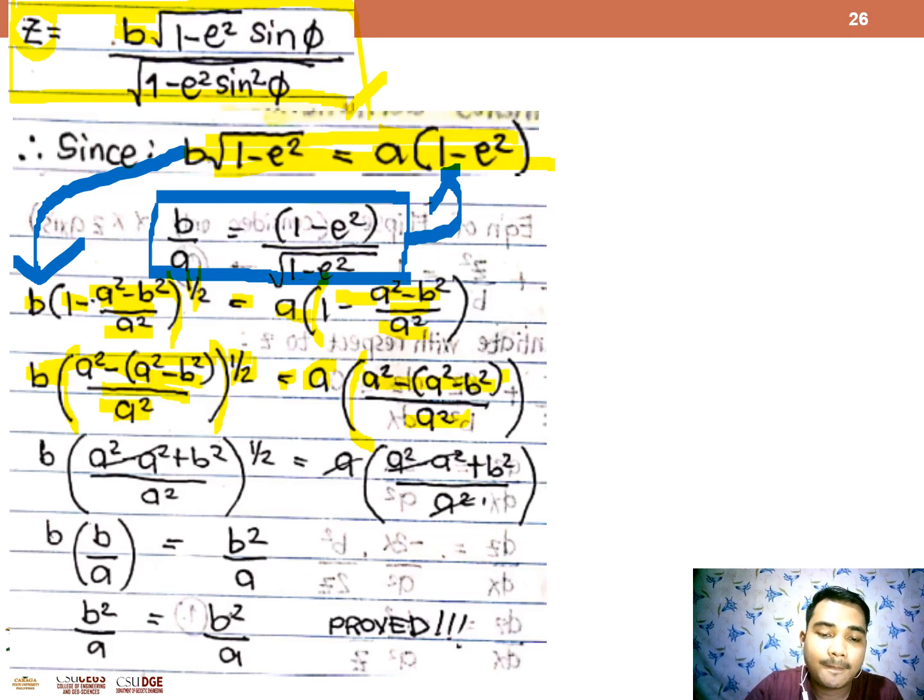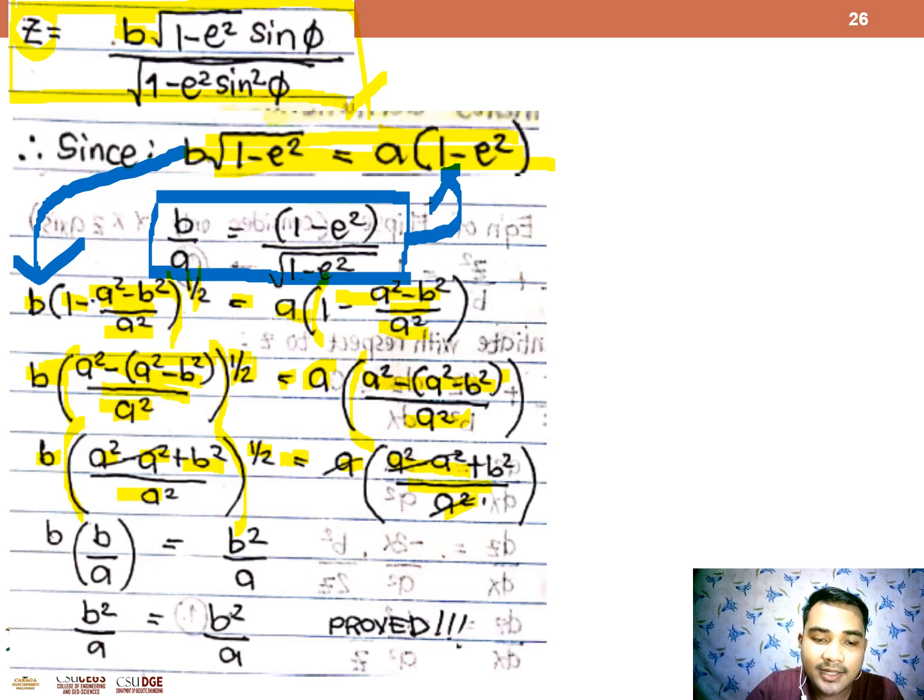Mathematically manipulating, we have b times a squared minus a squared plus b squared all over a squared raised to the power of 1/2, equal to a times a squared minus a squared plus b squared over a squared.